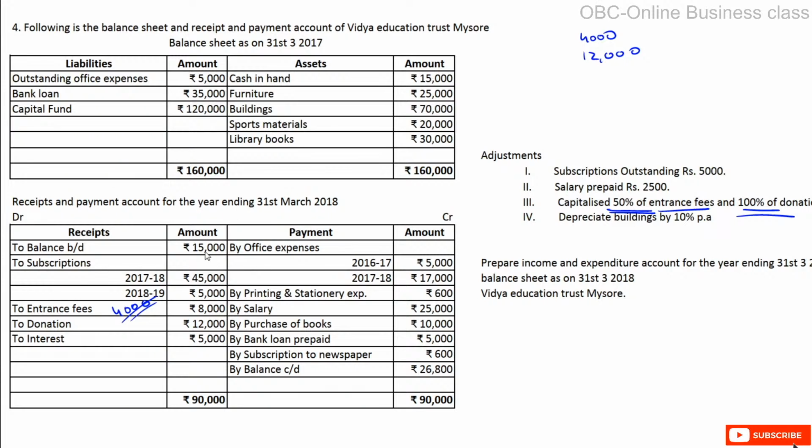We have an entry, we already discussed that, 2018-19 5,000. So this is the entry we should enter. Write this 5,000 because 18-19 is the next year. Next year means advance subscription. Advance subscription is a liability for us because we already took it into our account, but that actual income should appear in the next year.